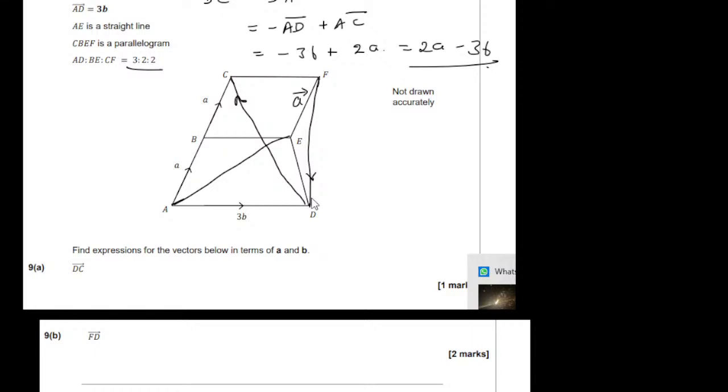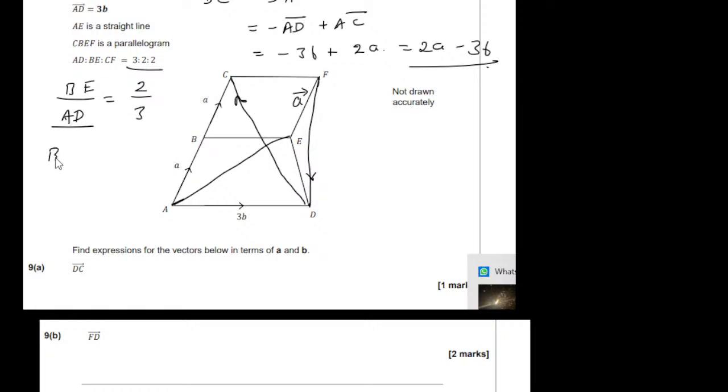For ED, the ratio they have mentioned, na? The ratio they have mentioned will help me out because, as this below part is also a parallelogram, BE upon AD, I will say that it is 2 divided by 3.